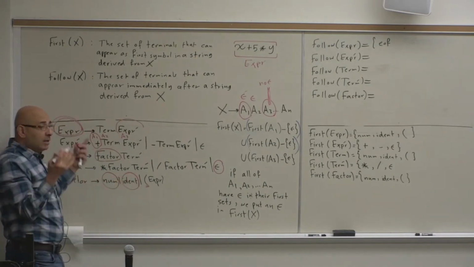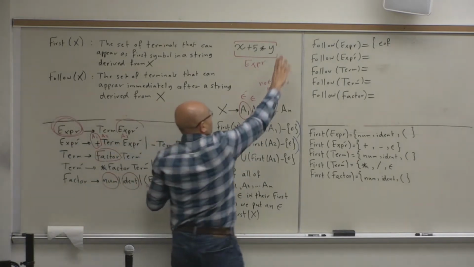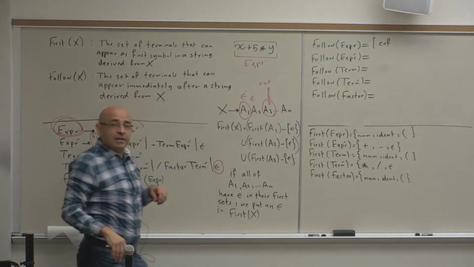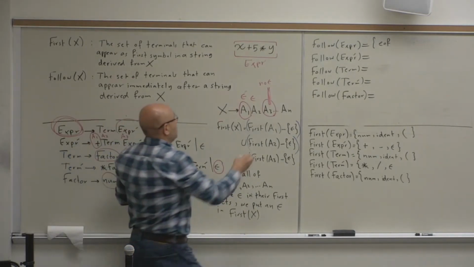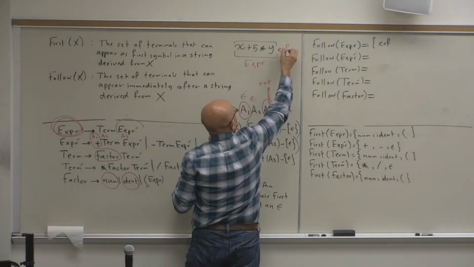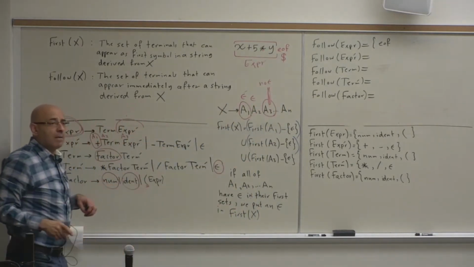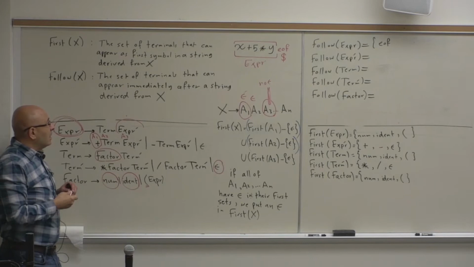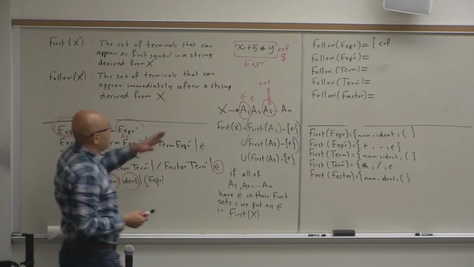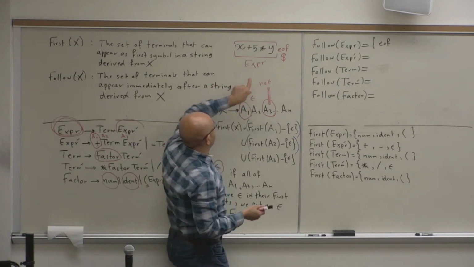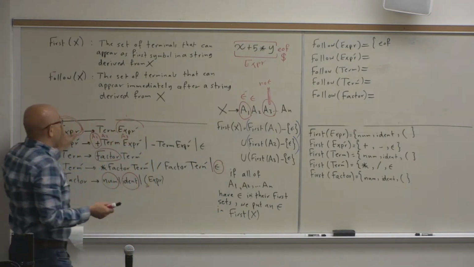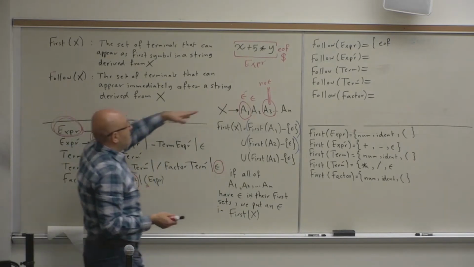So the whole string is followed by the end of file or end of string indicator, which is, here we use end of file. Some books use the $ sign. So the $ sign or the end of file marks the end of the string, and the start variable will always be followed by the end of file.